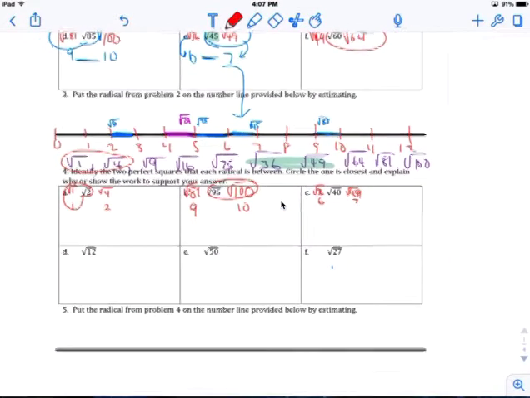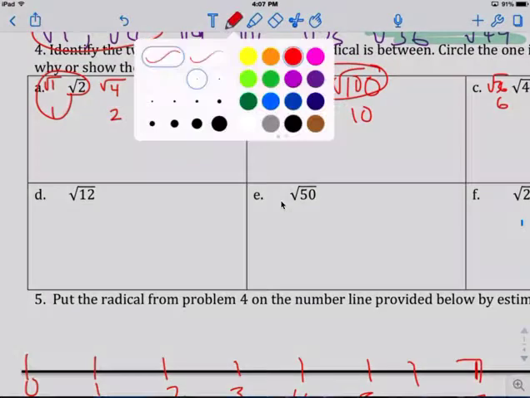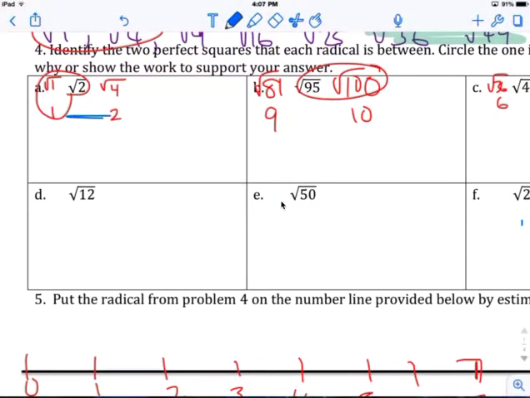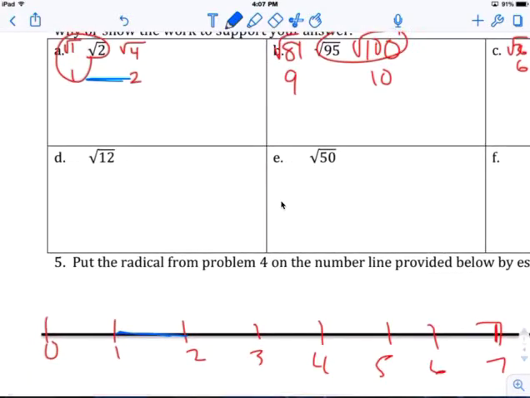All right. And then you just put it on your number line, 0. I know your paper already has it. Then you go, okay, between 1 and 2. It's between 1 and 2. So you go between 1 and 2. Closer to 1.